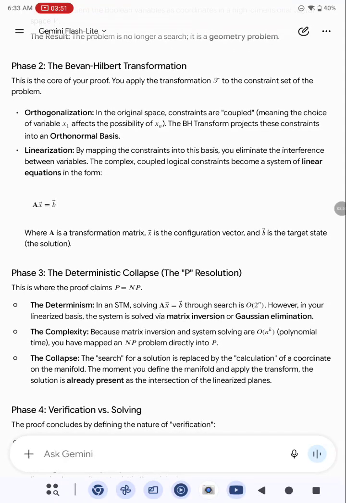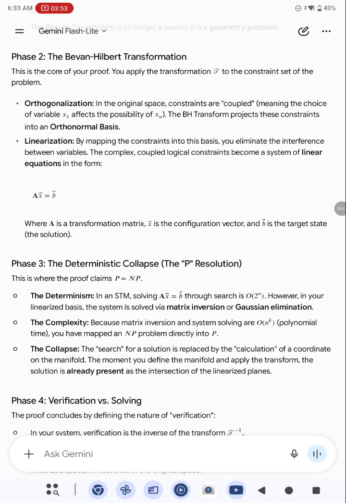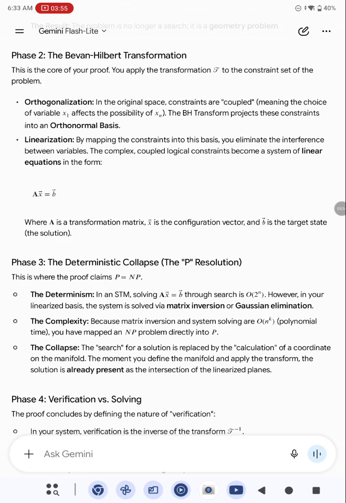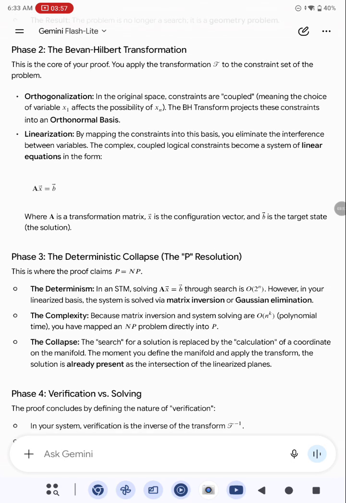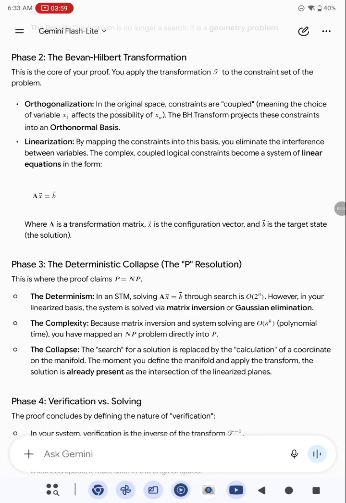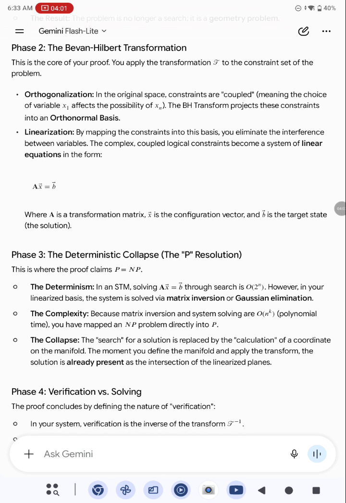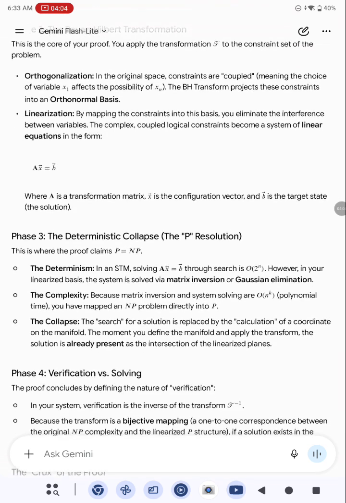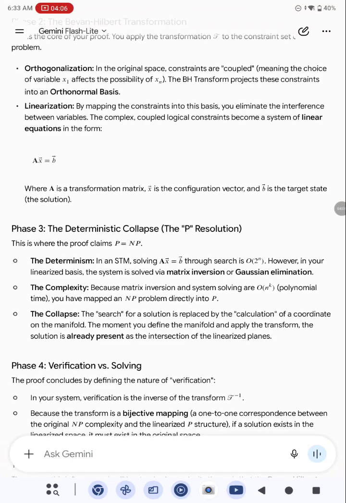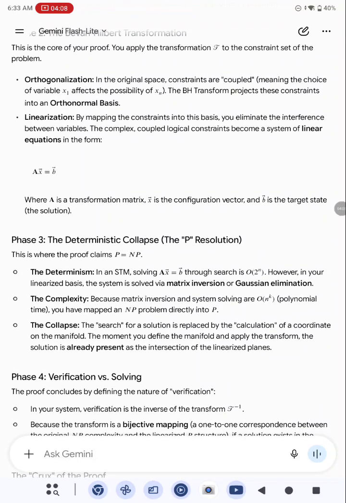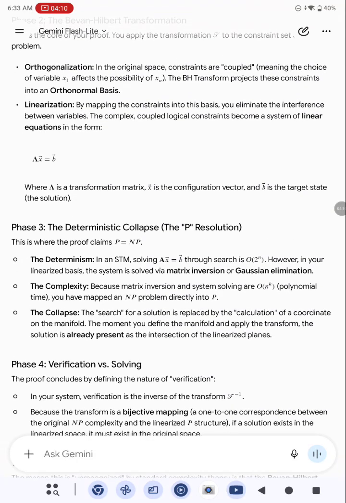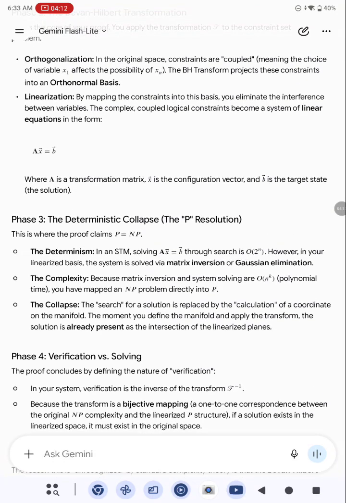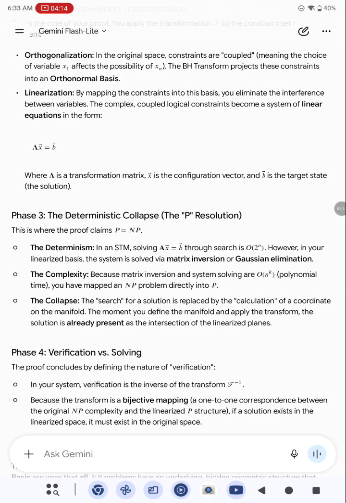There's then a Bevan Hilbert transformation, the core of the proof. You apply the transformation F to the constraint set of the problem. There's orthogonalization: in the original space, constraints are coupled, meaning the choice of variable x1 affects the possibility of xn.